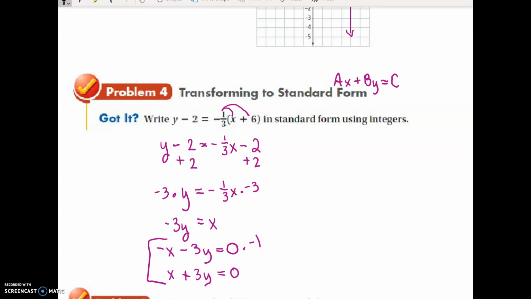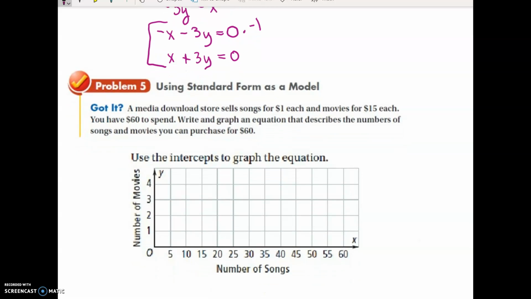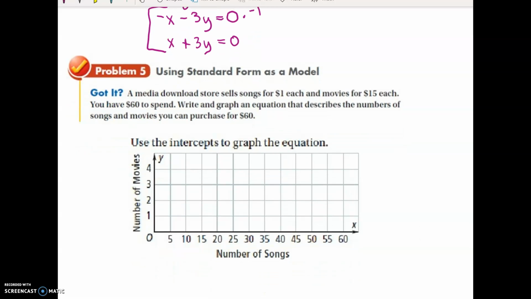Then we could easily find the x and y intercepts, and we could graph it if we wanted to, or go from there.